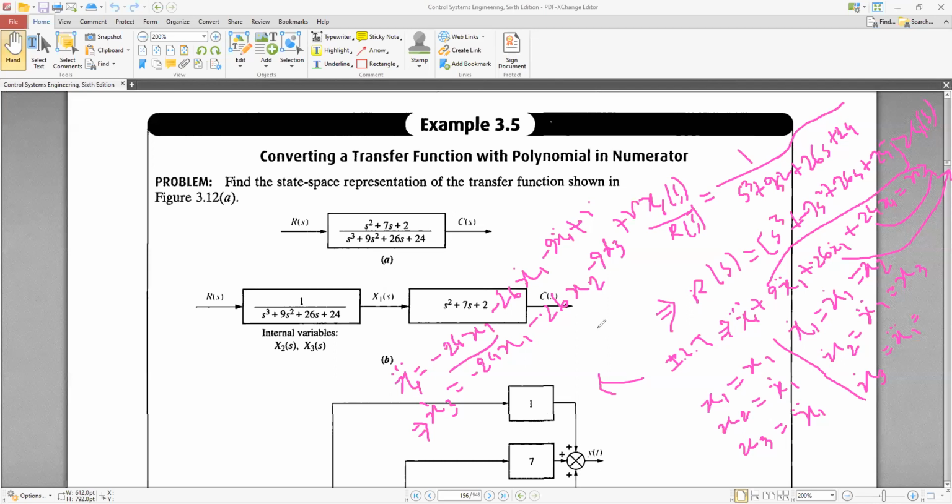Okay, so what are the coefficients? Minus 24, minus 26, minus 9.